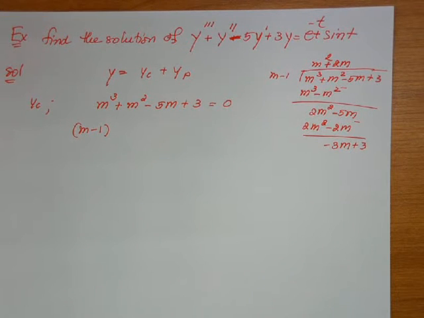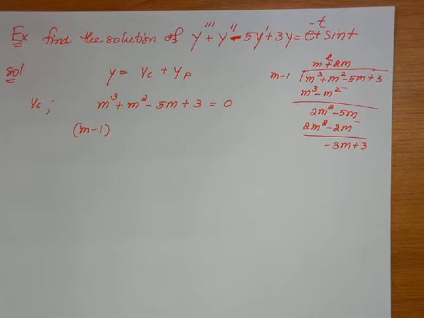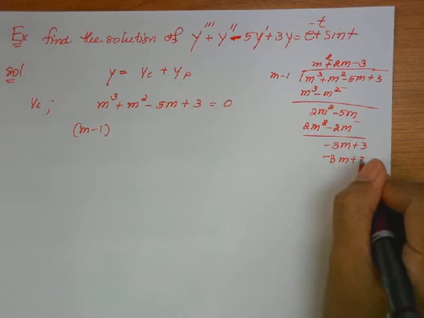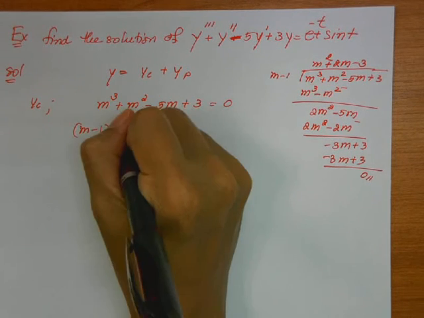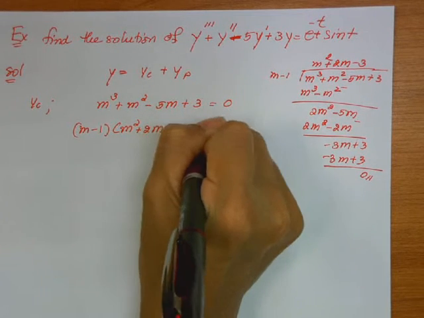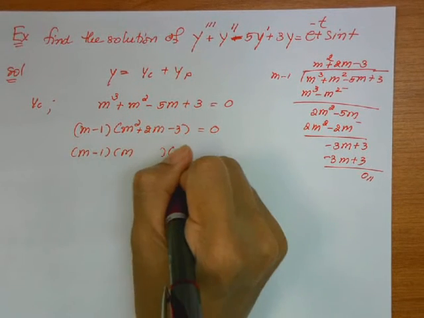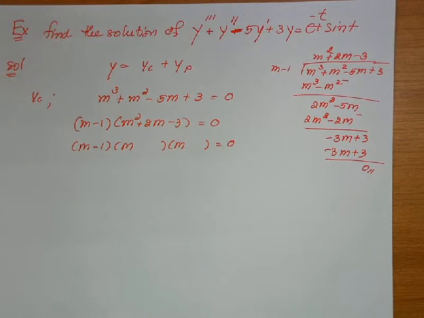So what do we get? What times m equals minus 3m? Minus 3. Here, 0. What do we get next? Come on. What do we get?